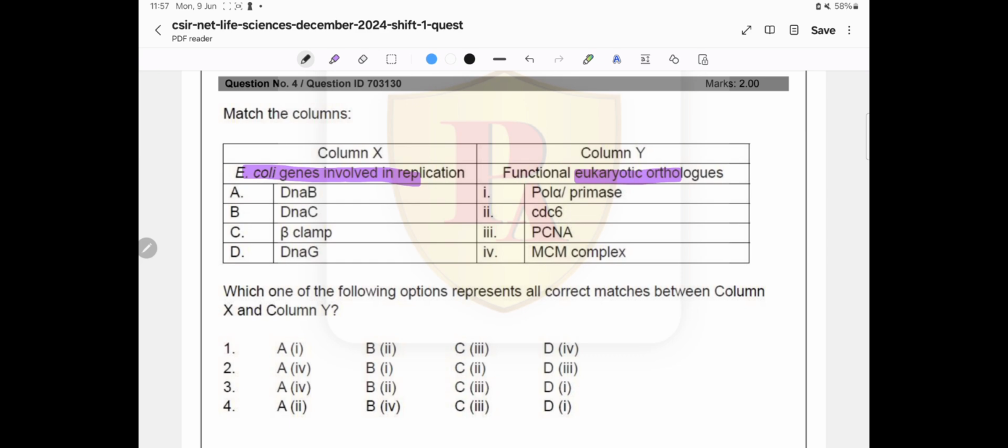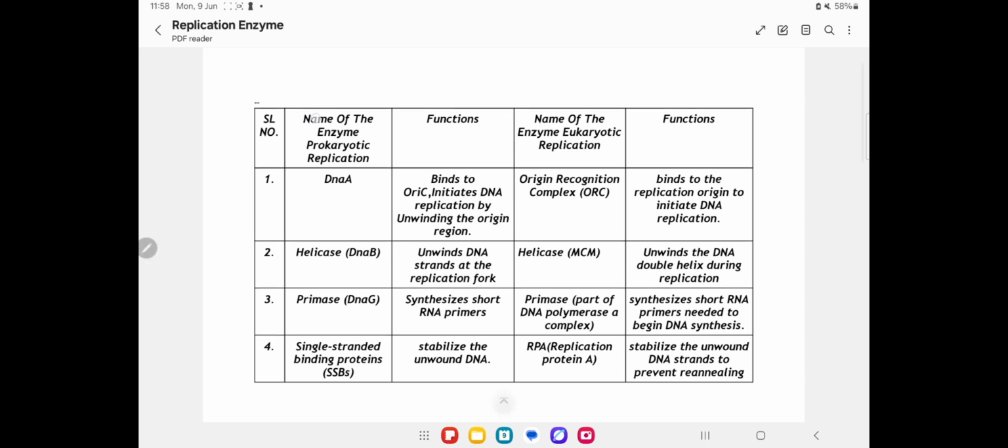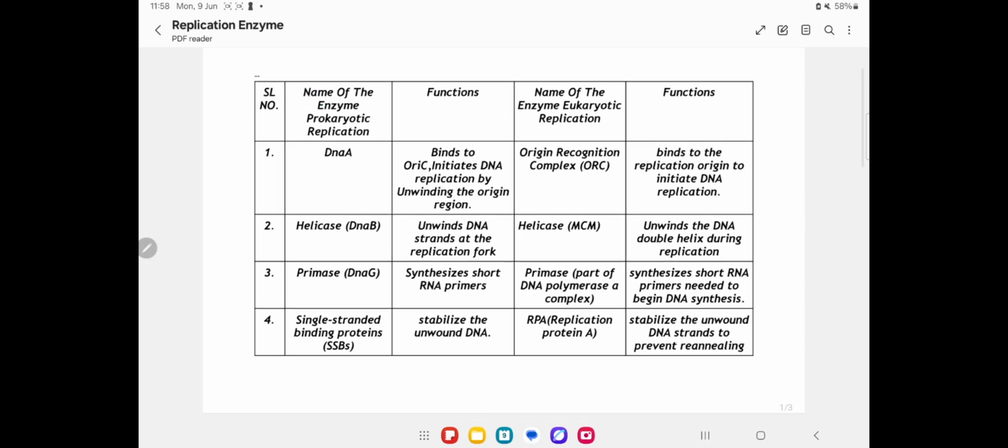But you have to know the function of each and every enzyme firstly. So for your help, I prepared a chart. Let's see the chart. Here is the chart in which I have incorporated two processes, prokaryotic DNA replication as well as eukaryotic DNA replication.